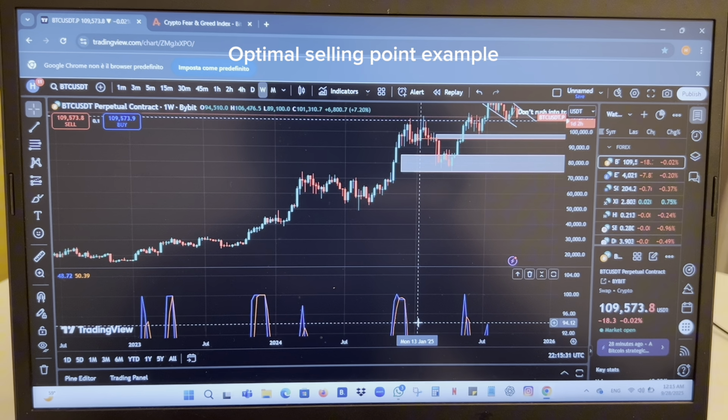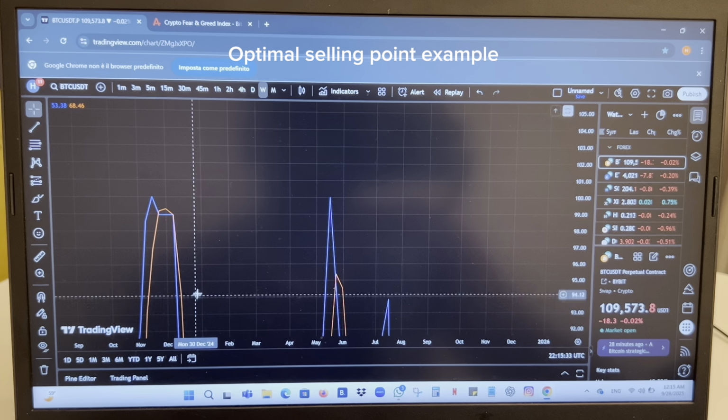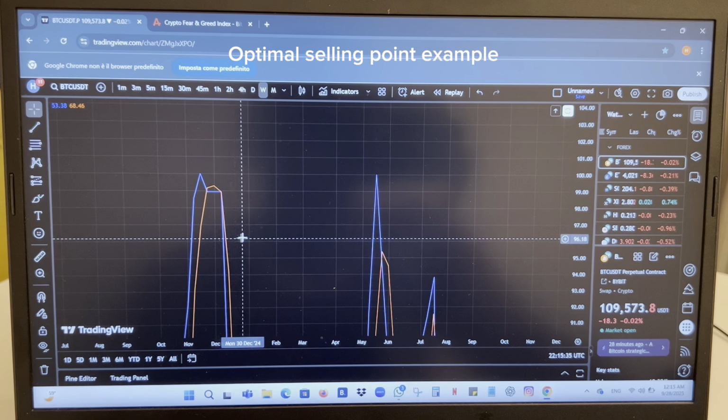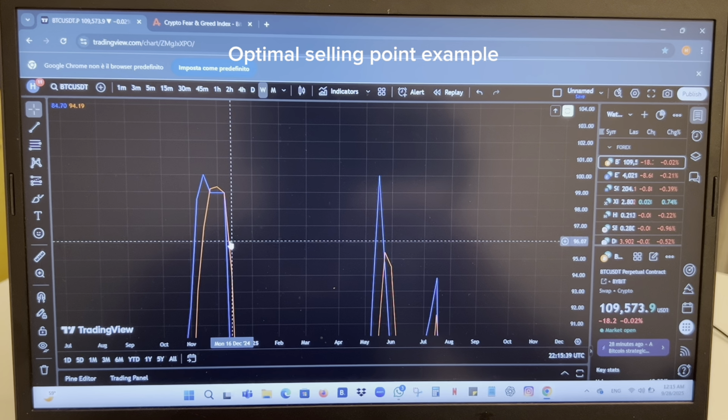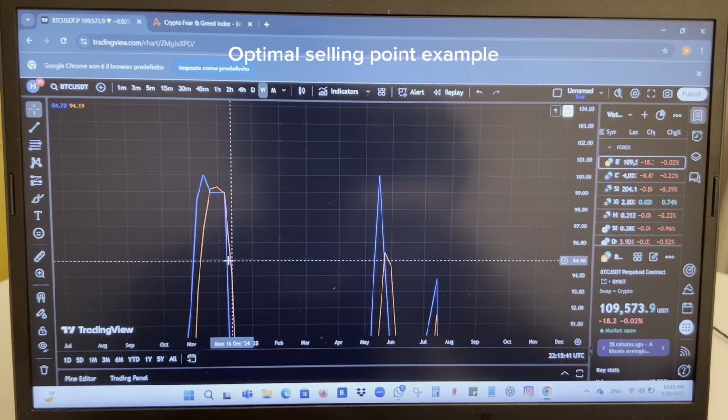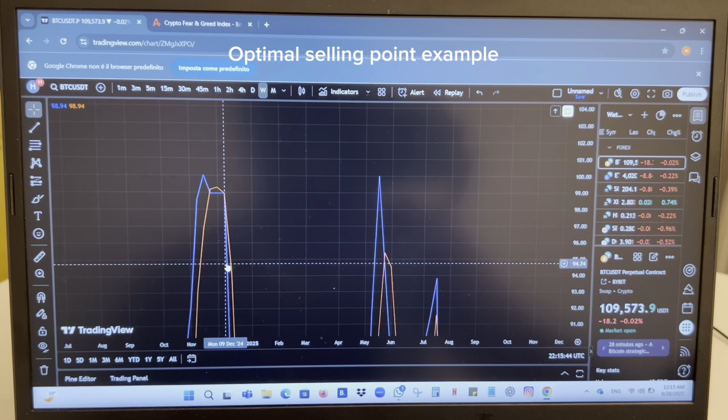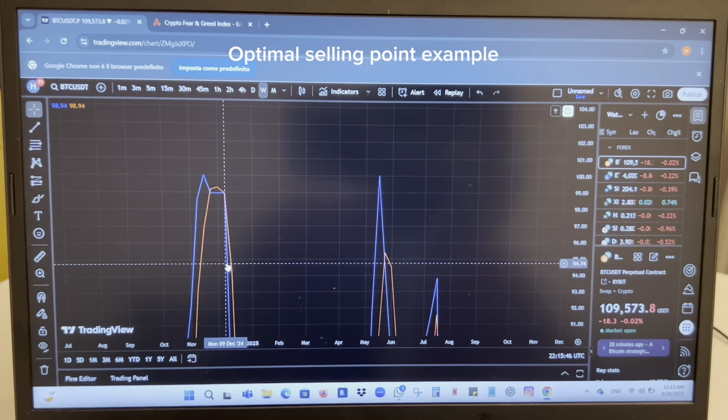Right here, as you guys can see, the orange line is above the blue line. And I told you guys earlier about the optimal buying points and the optimal selling points.